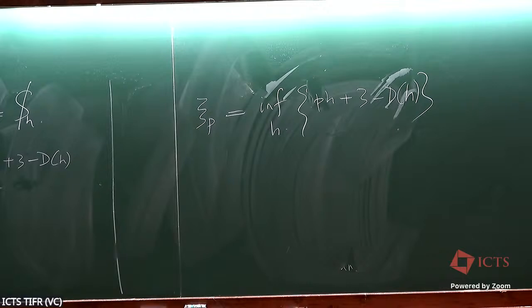Suppose you have some numerical data, God knows from where, people have told you these are the different values of H that I have. You calculate PH plus 3 minus D of H painfully for each of those, and then you take the infimum over H. Okay.